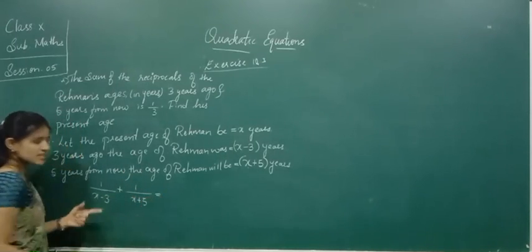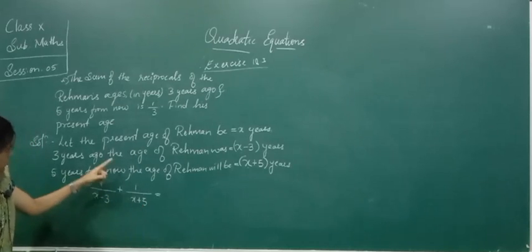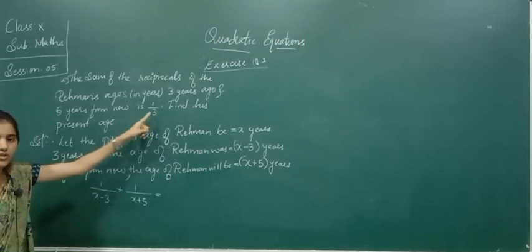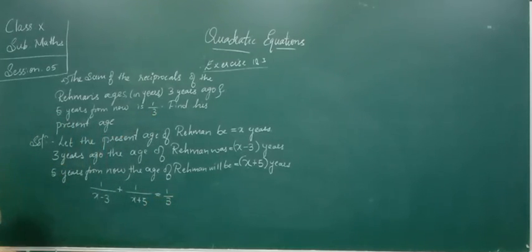These are going to be the reciprocals. The sum of the reciprocals 3 years ago and 5 years from now will be equal to 1 by 3. So, we have converted that into equation as 1 divided by x minus 3 plus 1 divided by x plus 5 is equals to 1 by 3.